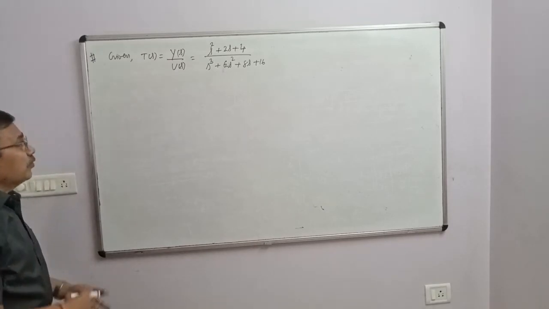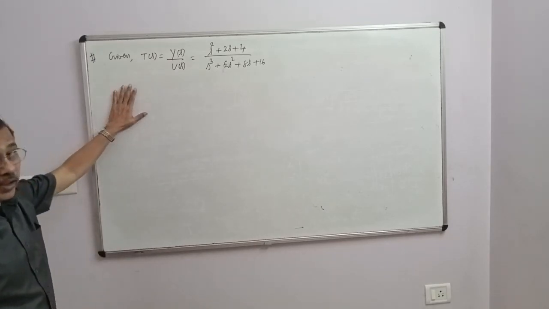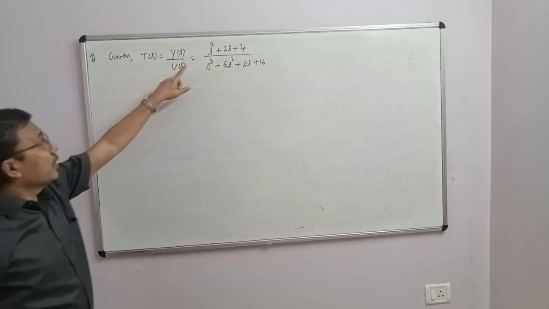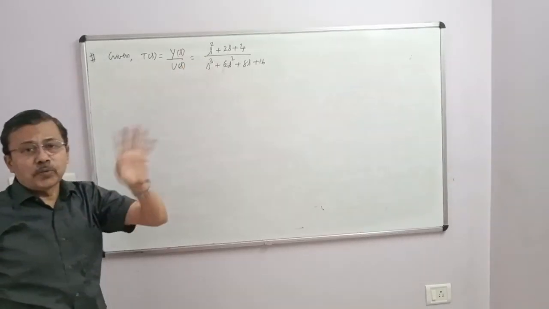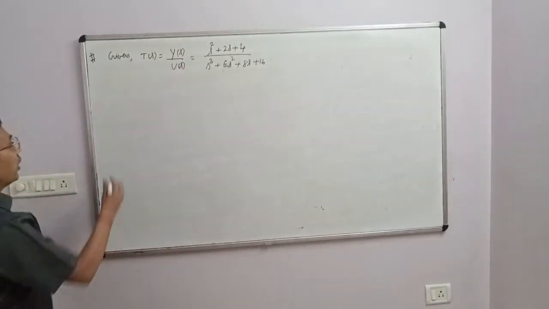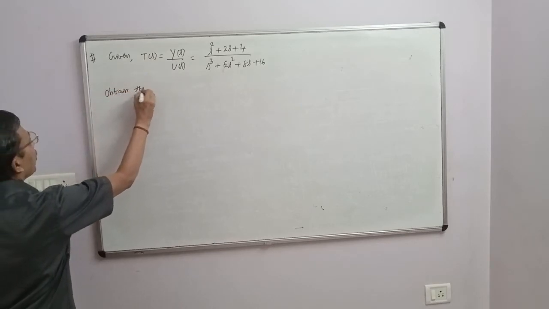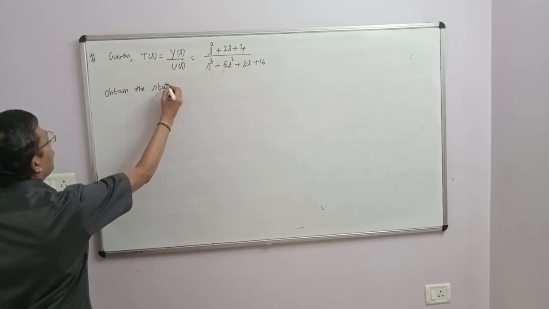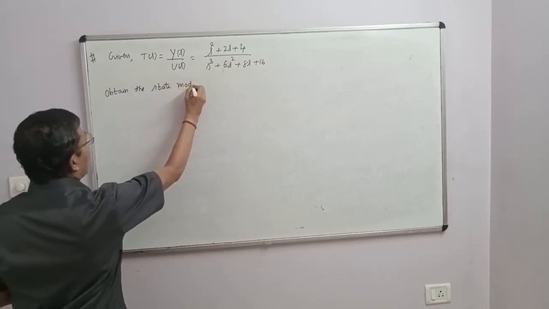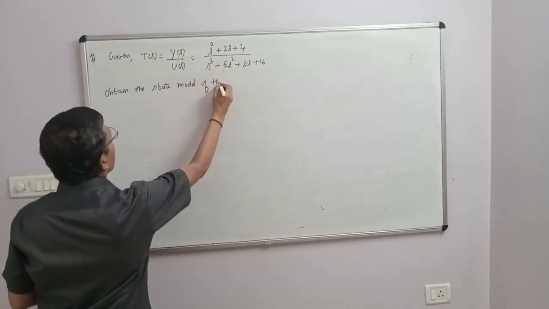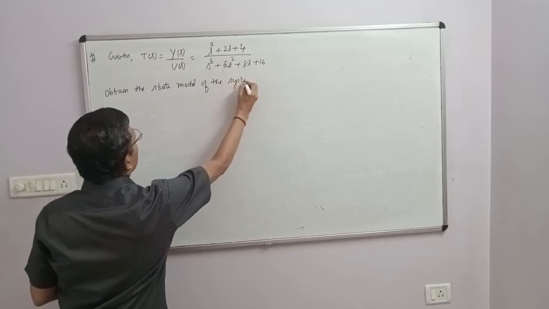We have been given the transfer function y of s by u of s. Look at this transfer function. It contains zeros. In the previous problem there were no zeros. Obtain the state model of the system.